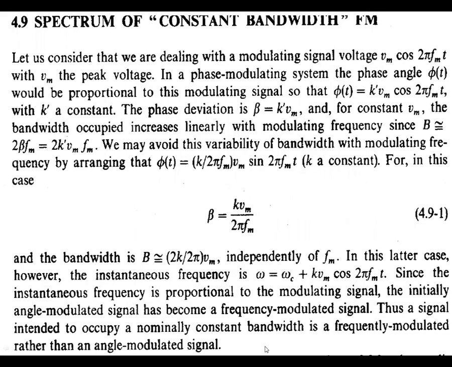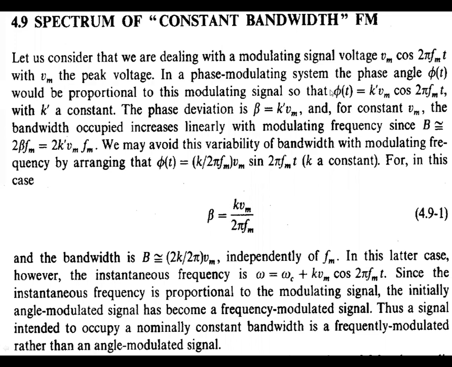Now the spectrum of constant bandwidth depth. Let us consider that we are dealing with the modulating signal voltage Vm cos 2 pi fm t, where Vm is the peak voltage.